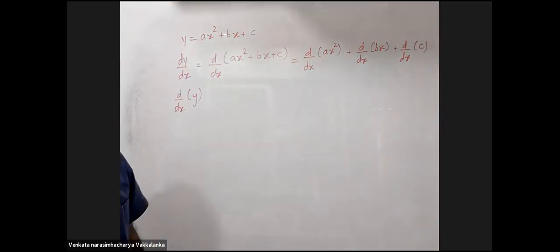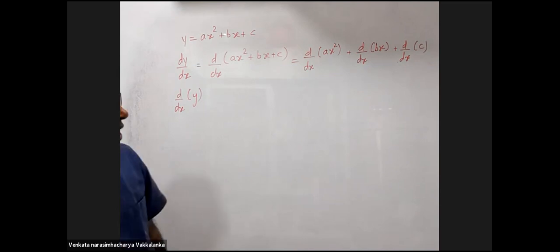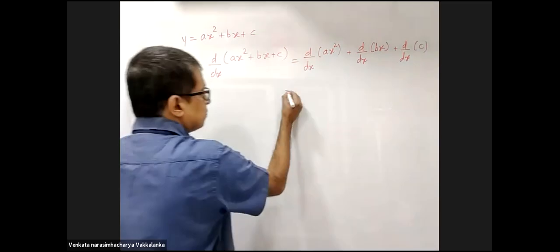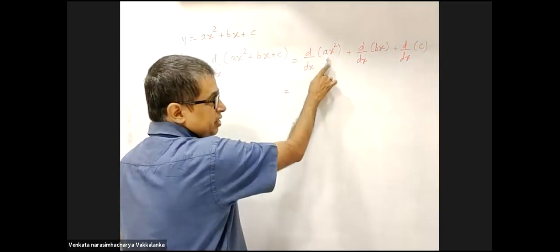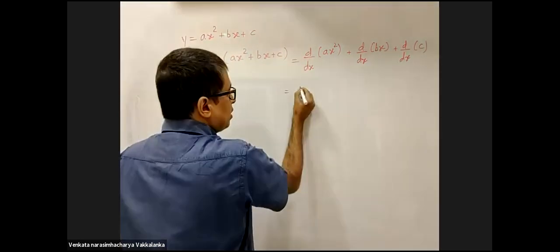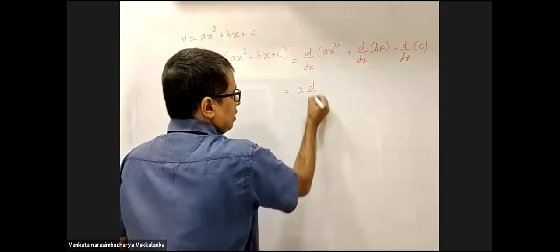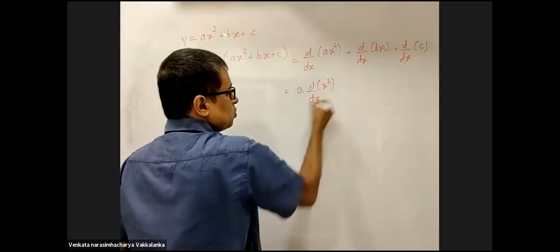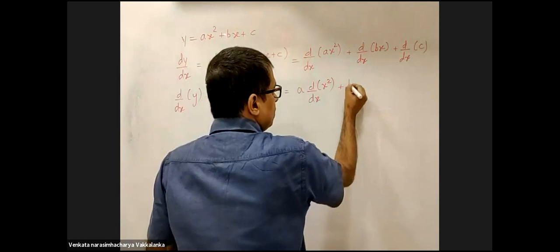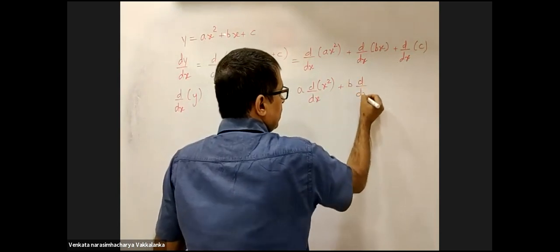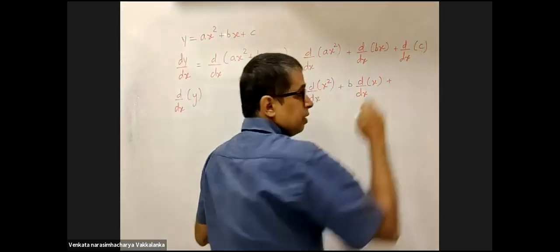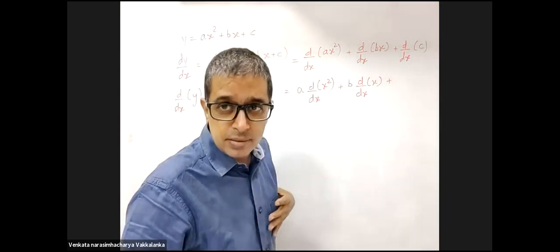In this differentiation, have a look at it. You can bring the constant out of the differential. A times d by dx of x square plus, bringing b outside, b times d by dx of x. Differentiation of a constant, zero.